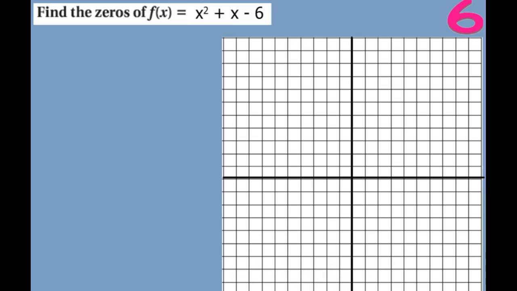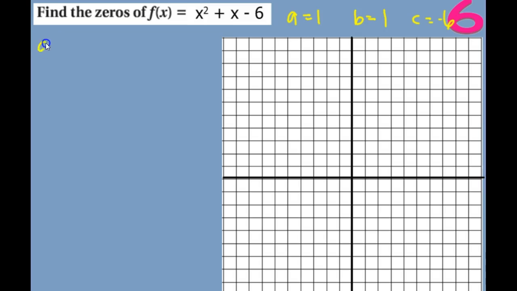So let's do one more just to see how many solutions there are, just to make sure we're all on the same page. A is going to be 1. B is also 1. Oops, not 1x, just 1. And then C is negative 6.